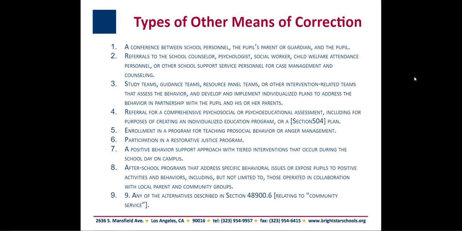These are the things that we hope are happening instead of suspensions and expulsions. These are the types of things that are going to result in a better relationship between our students and our school community. We are promoting these types of things instead of suspensions and expulsions, of course recognizing that in certain situations, suspensions and expulsions are necessary.